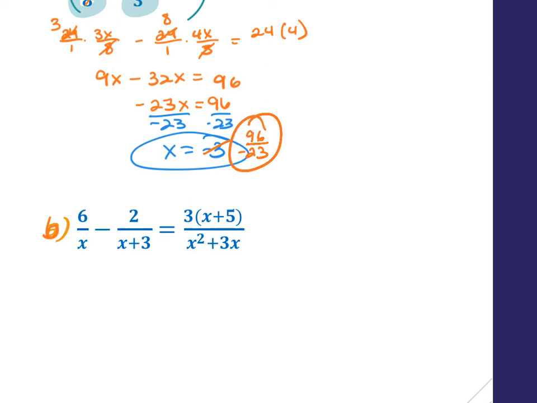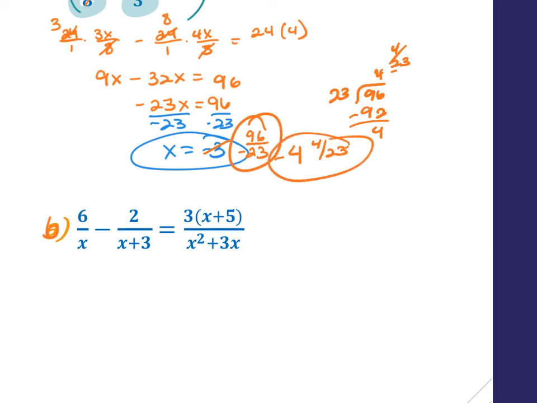There you go. You can leave it like that, or you can put it into mixed number form. So you could do 96 divided by 23. So it'd be 4 and 4 23rds, but it'd be negative. Yeah, you can leave it as long as it's reduced. So either one of those works.